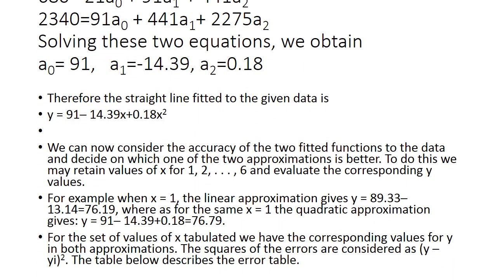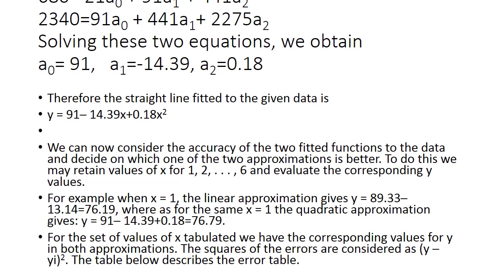Substituting into the above equations will give us the three equations. Solving these three equations simultaneously by the use of a matrix method gave us the values below: a0 equal to 91, a1 equal to minus 14.39, a2 equal to 0.18.